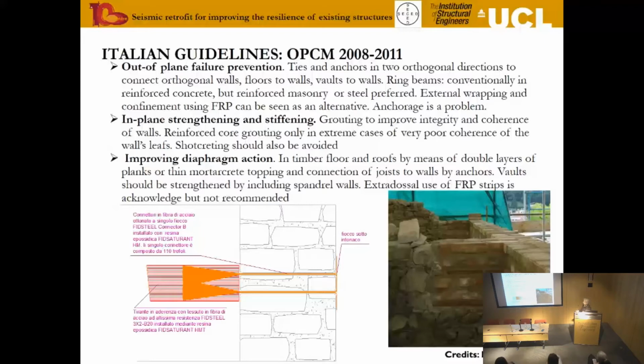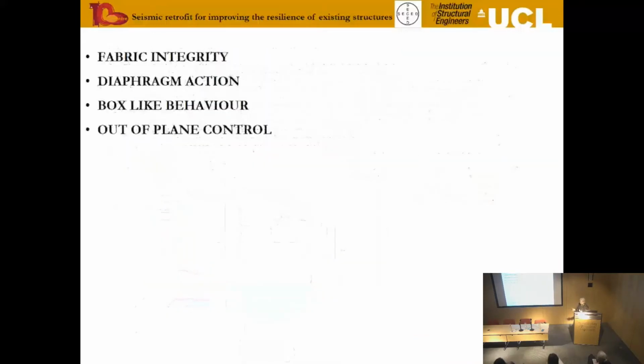And then for the improvement of diaphragm actions, what is referred to is, rather than using concrete slab, the use of timber floors with different layers of planks, possibly oriented in different directions and nailed together, so as to create that sort of stiffening effect without increasing the weight and the mass of the floor.